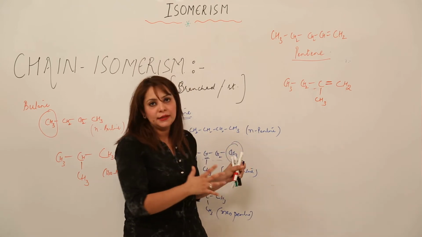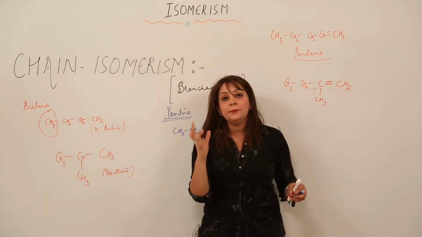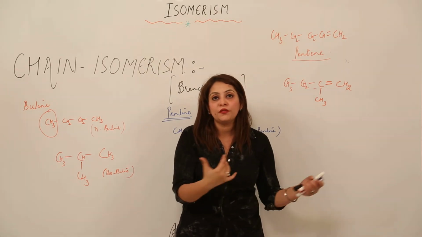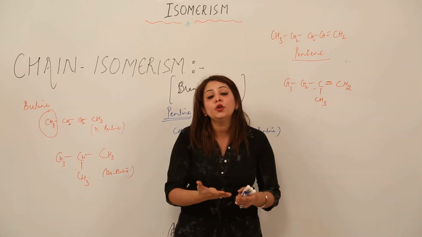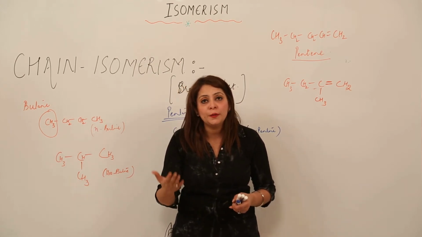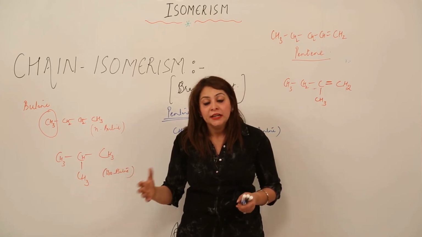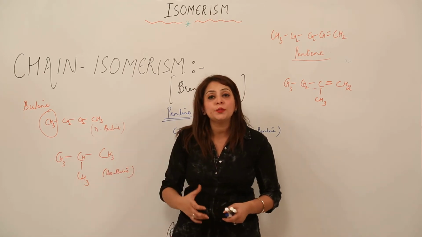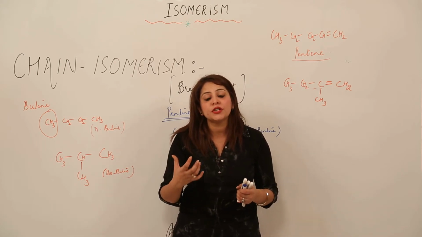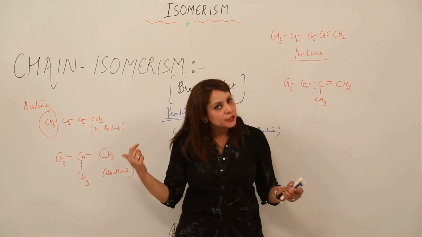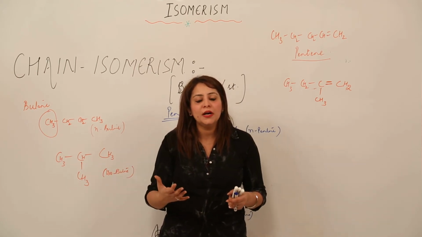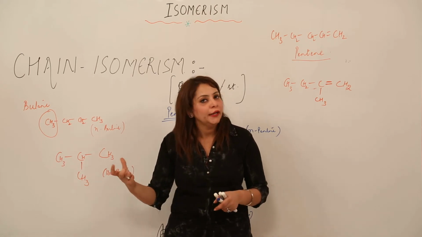And when we compare the alkyl group with the alkanes, like if we wish to draw the chain isomerism, alkyl groups are the ones which show the maximum isomerism compared with the alkanes. Like if the alkane shows only 2, the alkyl group can show 5. So there is a difference between the isomers shown by the alkyl as compared to its corresponding alkane. Alkyl groups always show more isomers than the corresponding alkanes.